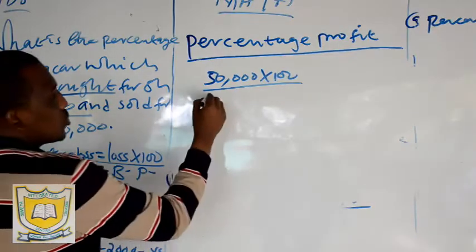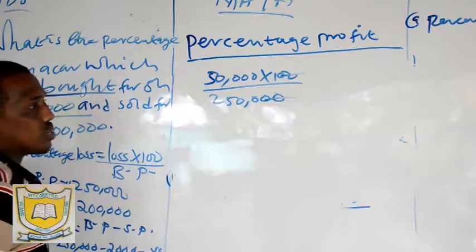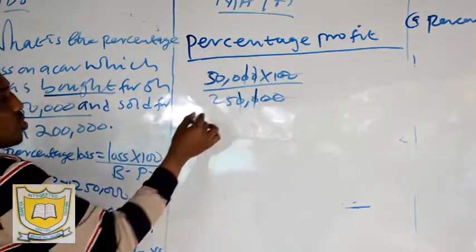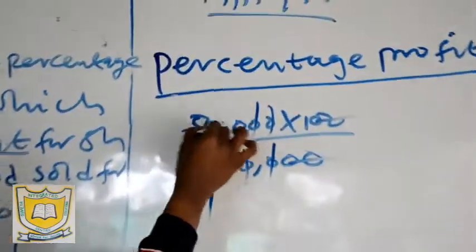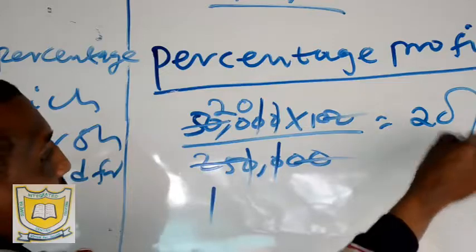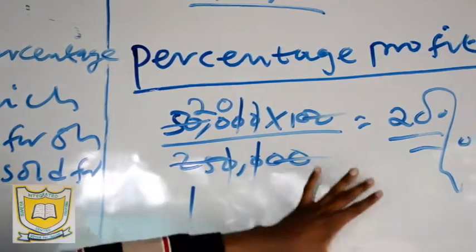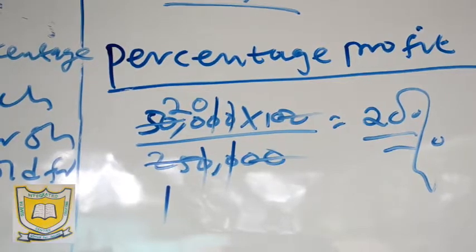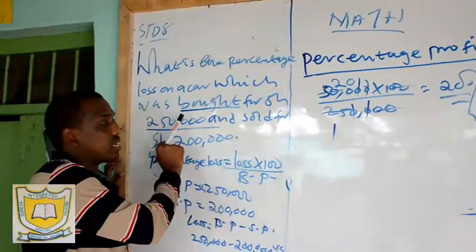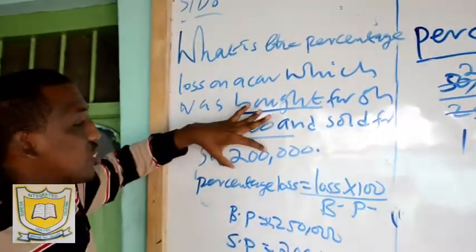The buying price was shillings 250,000. Cancel zeros, they go together. So 25 into 25 is 1, 25 into 50 is 2, then 0, which is equal to 20%. That is how we find the percentage loss, it is 20%. It's very simple. First you subtract: he bought at shillings 250,000, that's the buying price, and sold at shillings 200,000.